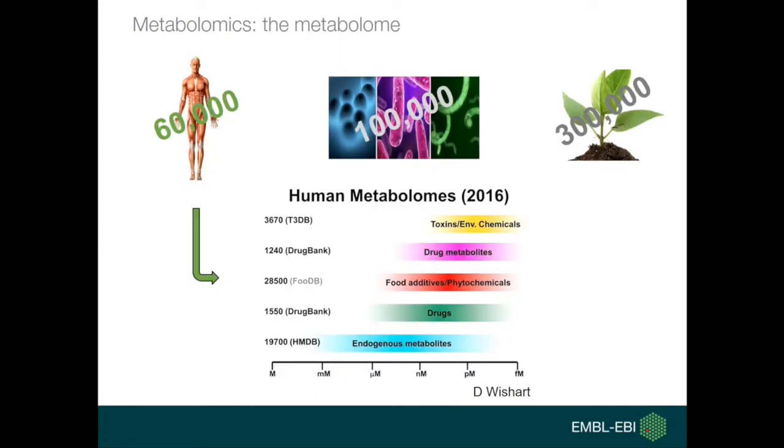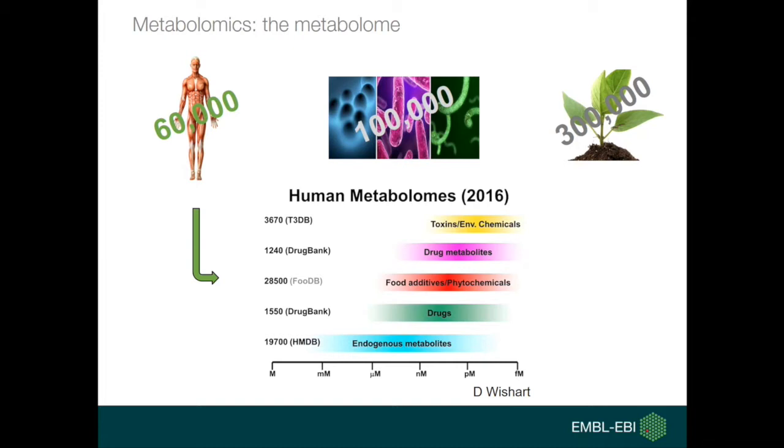But it's complicated. While humans have roughly, we don't know, about 60,000 metabolites, only about 3% of which are identified, they come from all different things.